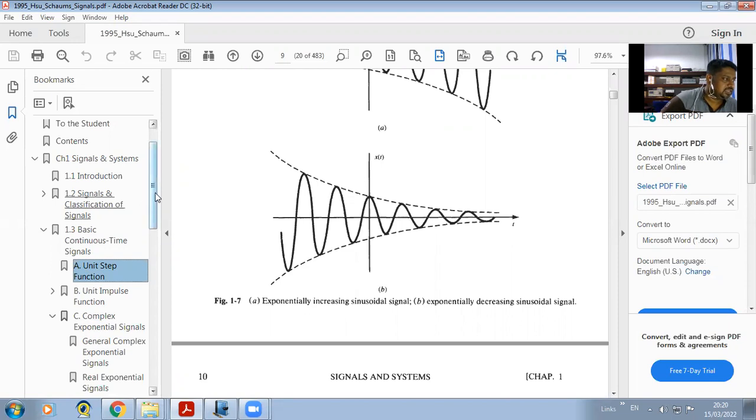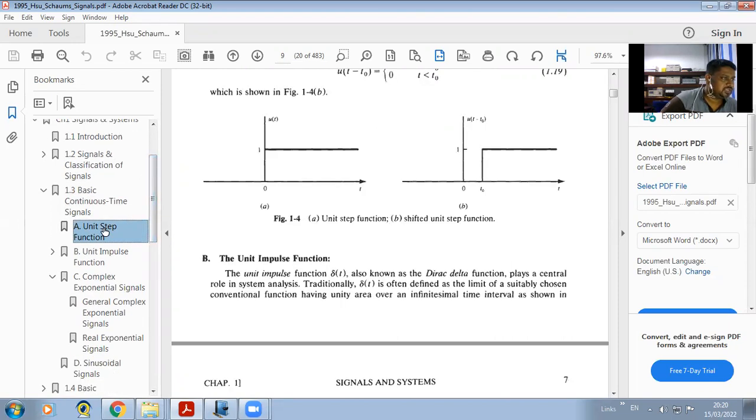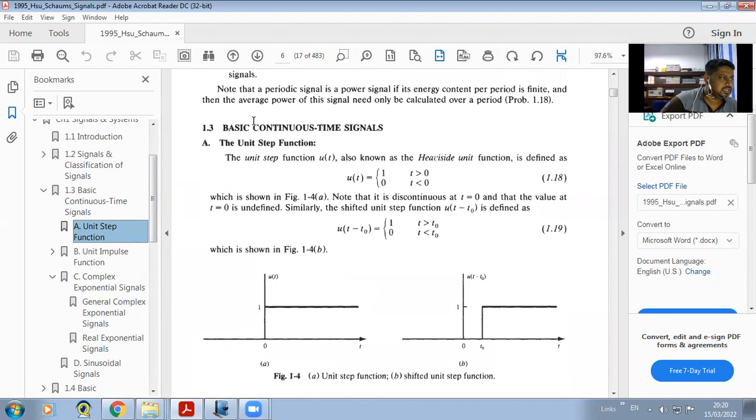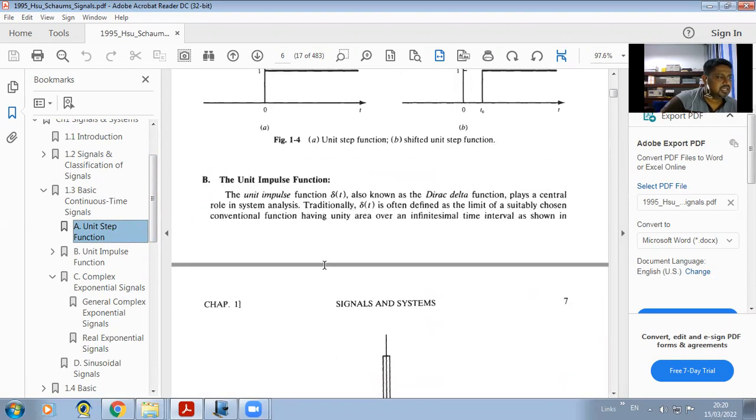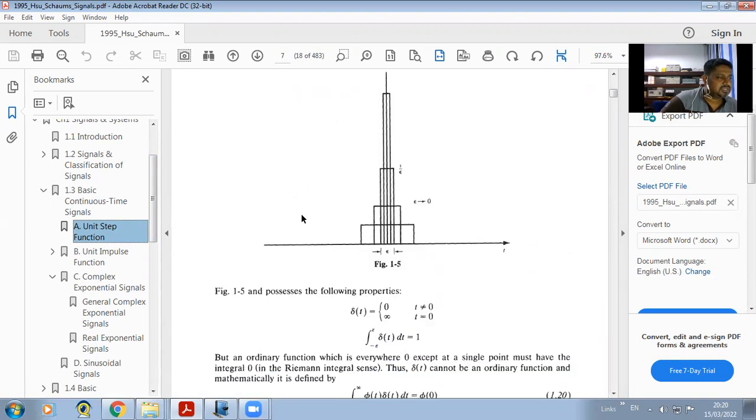You can find these basic signals. The first one is the unit step signal. We have learned the unit step signal and the shifted unit step signal. These are the definitions, this one and this one, so you have to remember this. And then the unit impulse function.